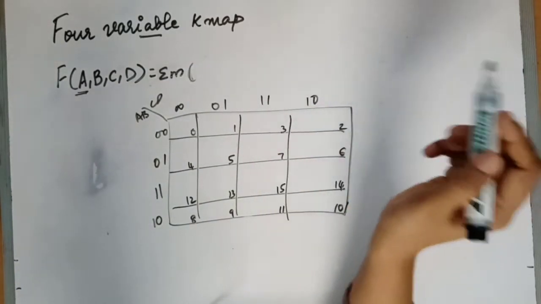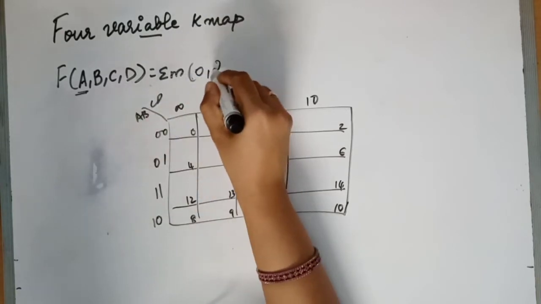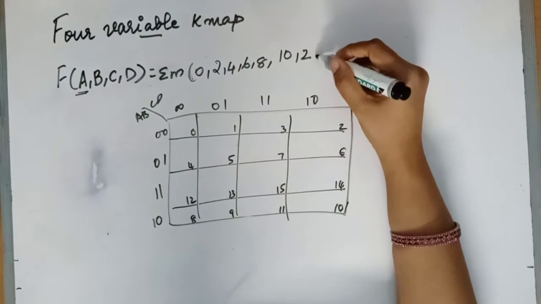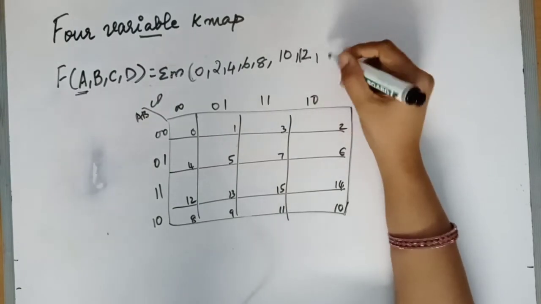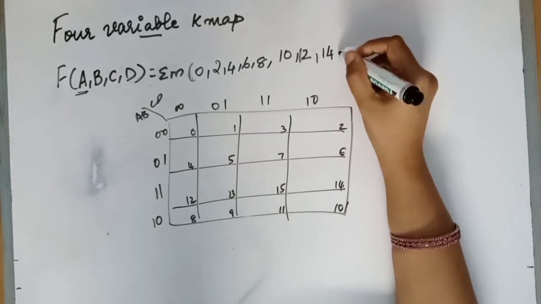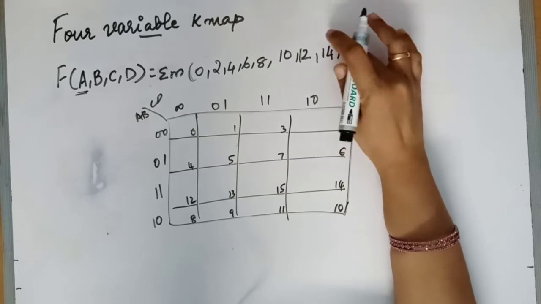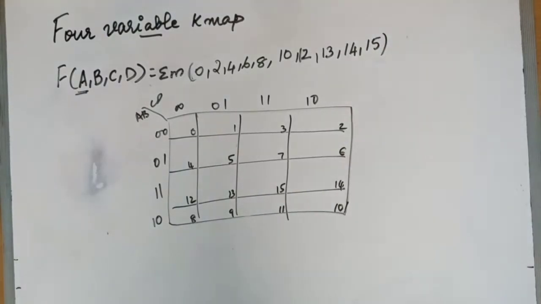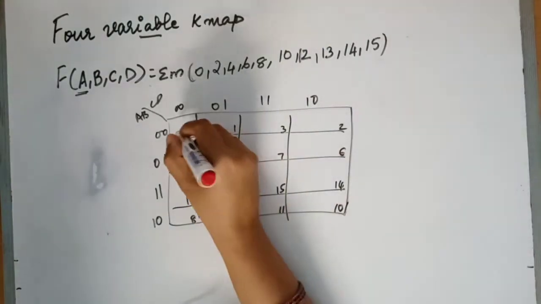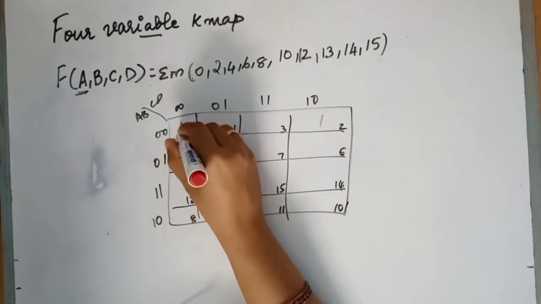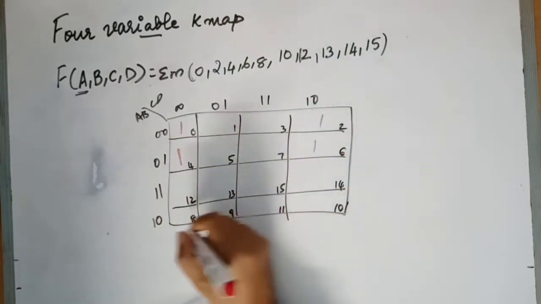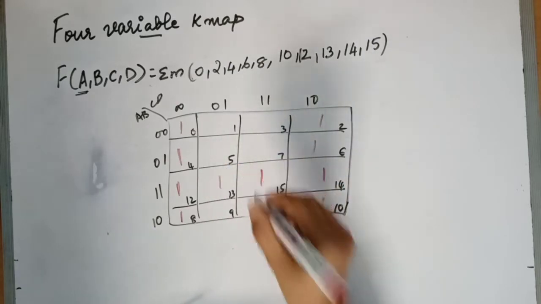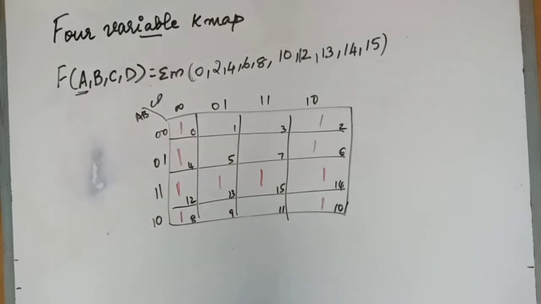So suppose my question is 0, 2, 4, 6, 8, 10, 12, 13, 14, 15. Right? So this is your question.